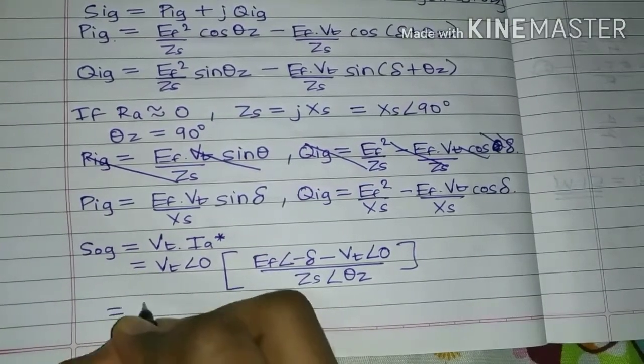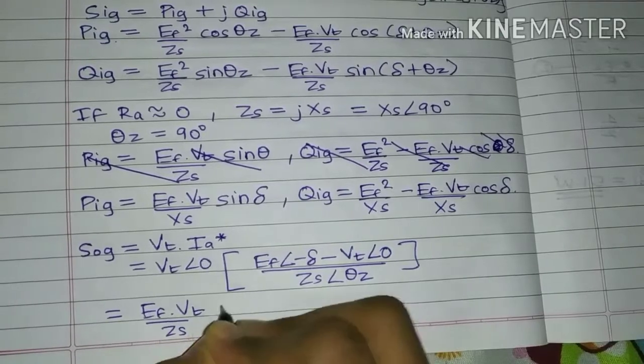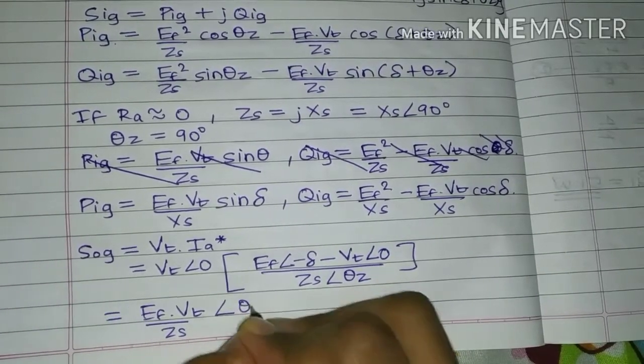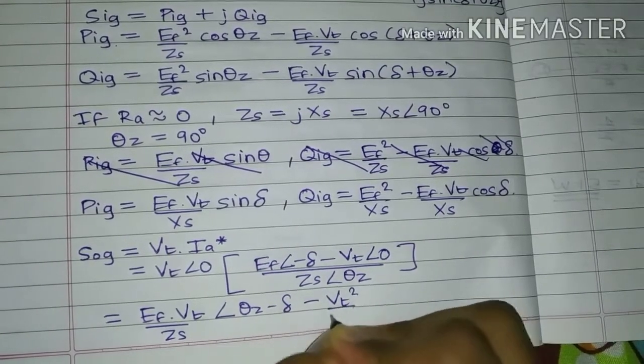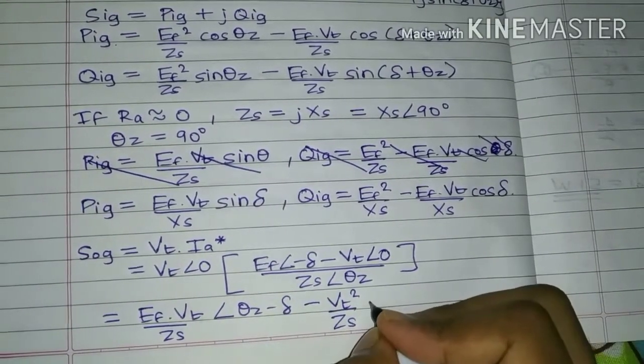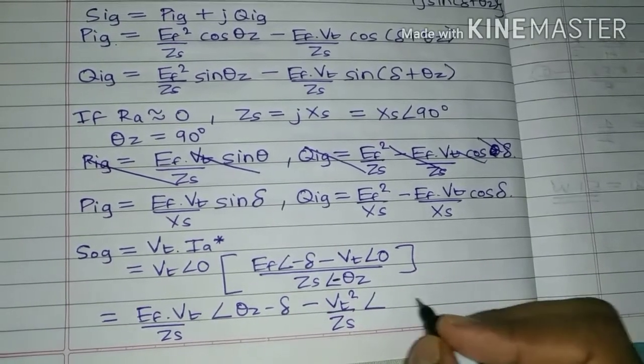So this is equal to EF into VT upon ZS angle θZ minus δ minus VT square upon ZS angle, this should be minus θZ. So over here it will be plus θZ.